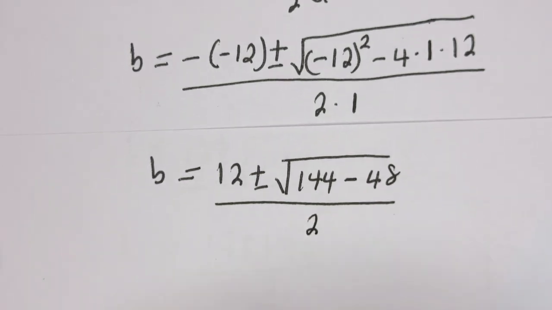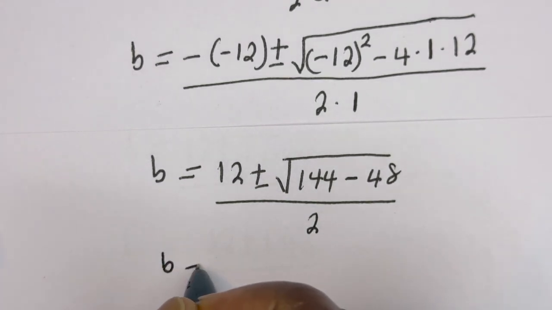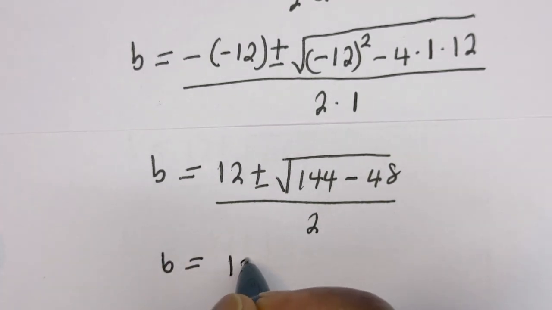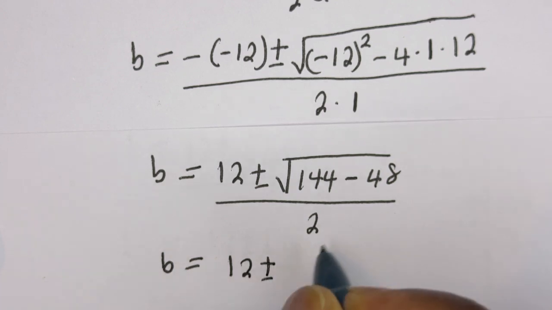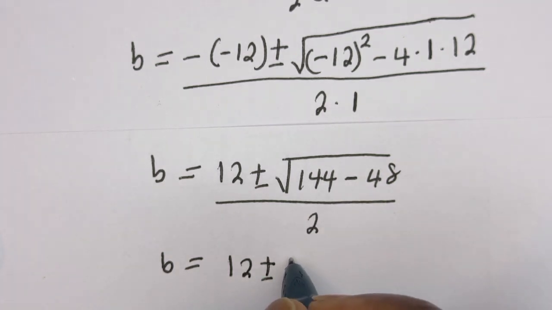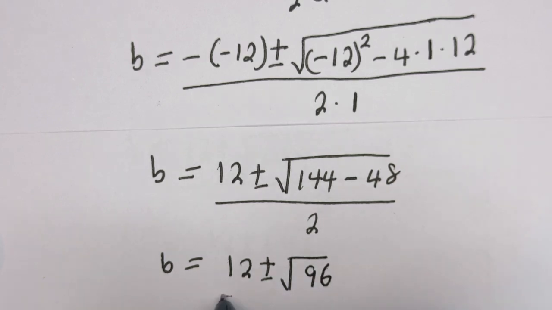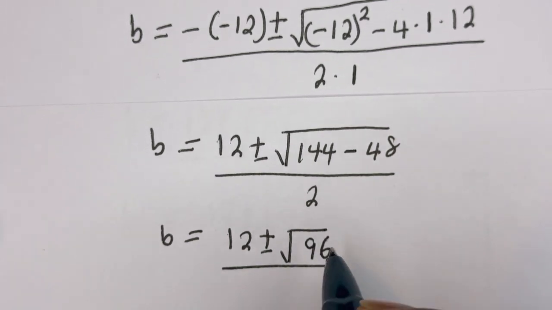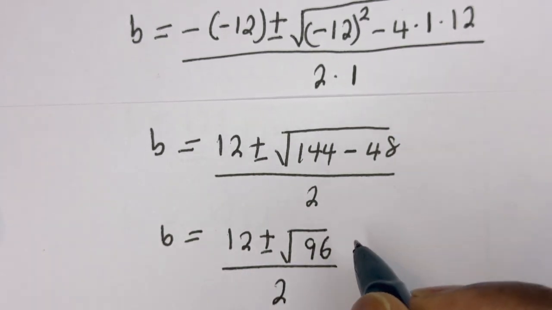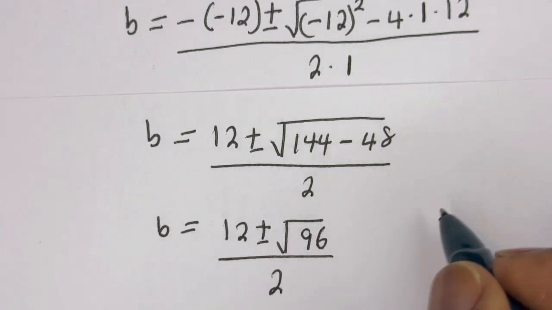Here, b is equal to 12 plus or minus square root of 144 minus 48, that is square root of 96, divided by 2. Let's see this 96.